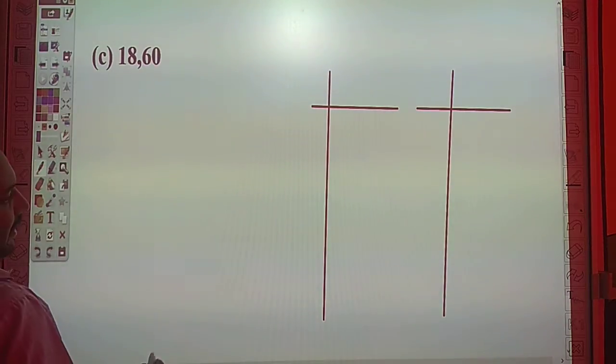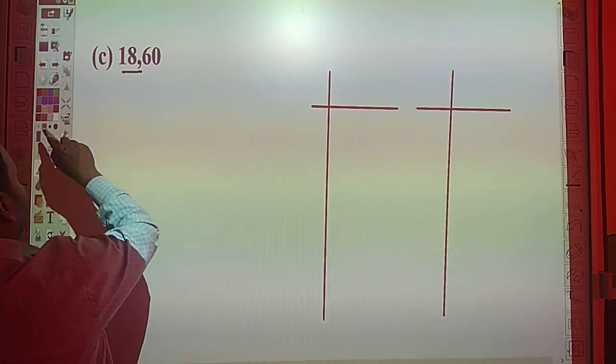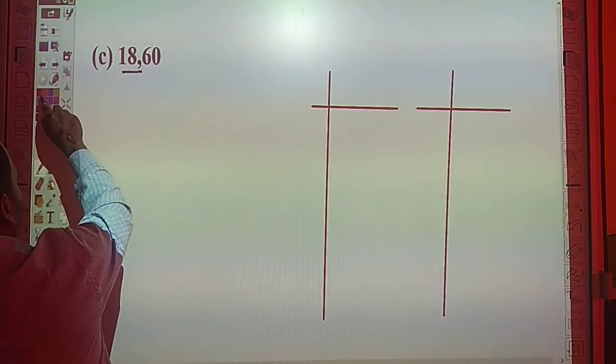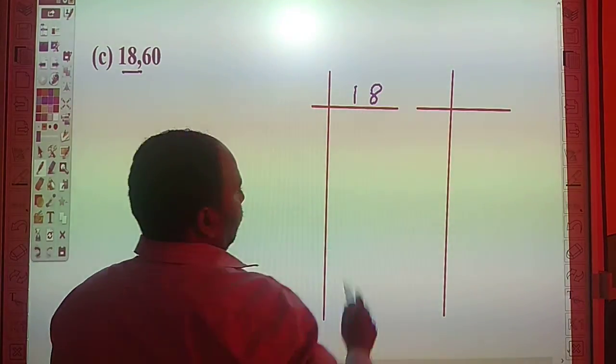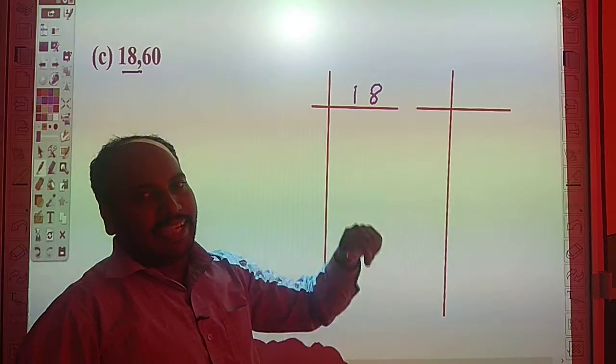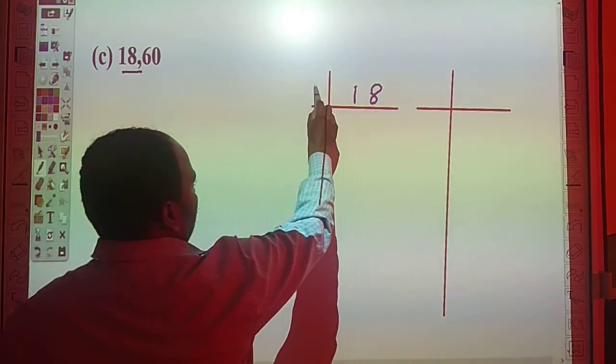Given the first number is 18. The last digit is 8. So you take the number 2.